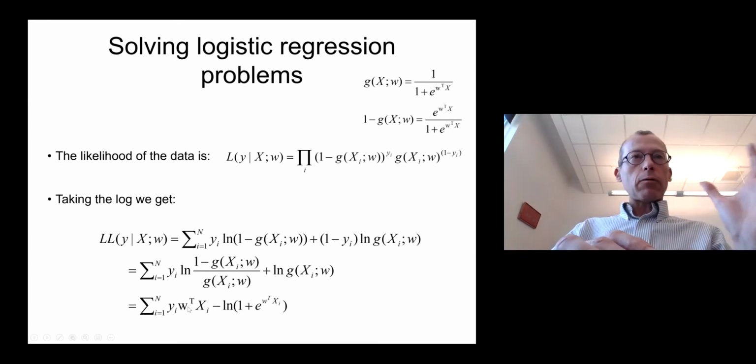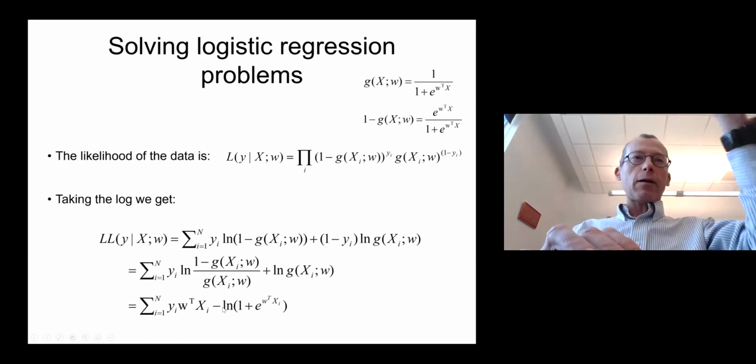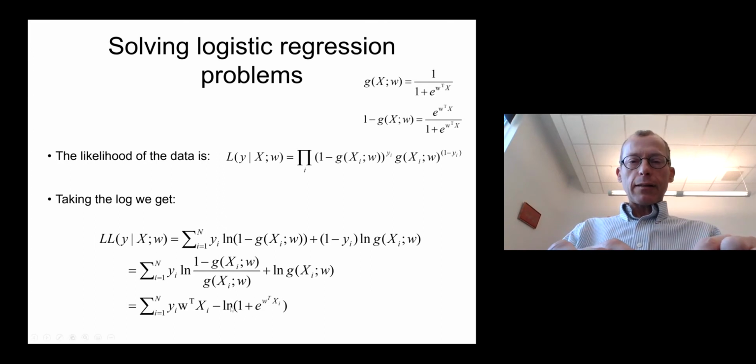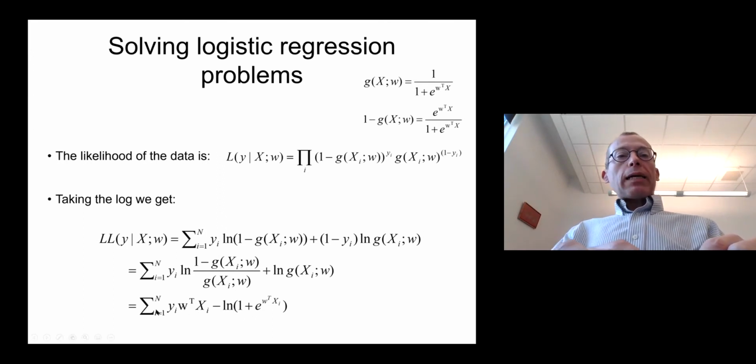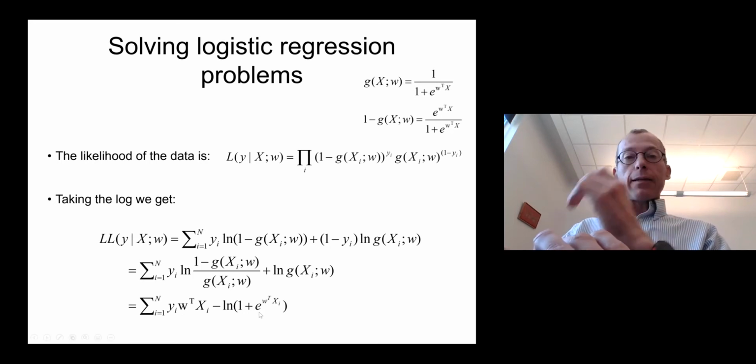This comes out of putting the values here. This was 1 over this, so the minus 1 went here, the denominator went up to the numerator. That's not a big problem, this is simple algebra. Once we do this, we get to this function here, which is some sum over yi, w transpose xi, doesn't matter.